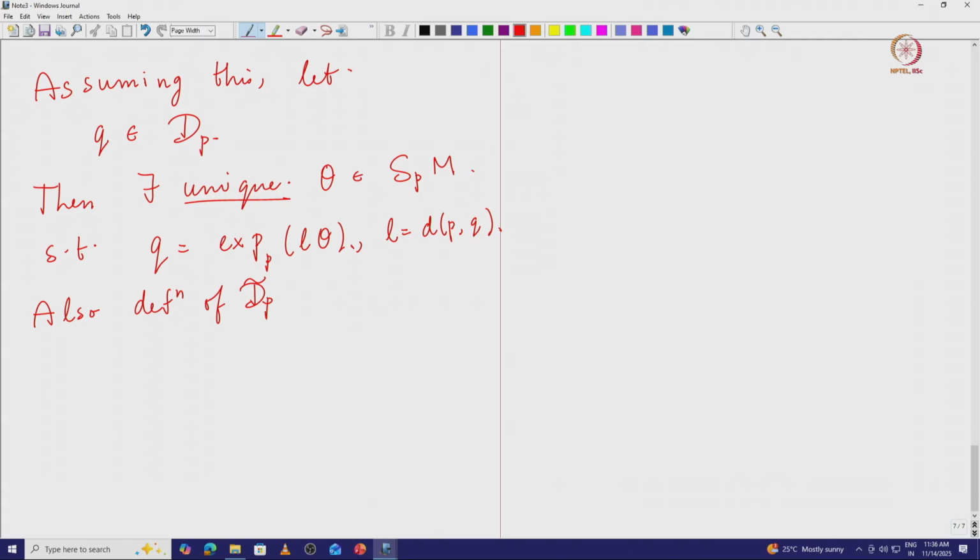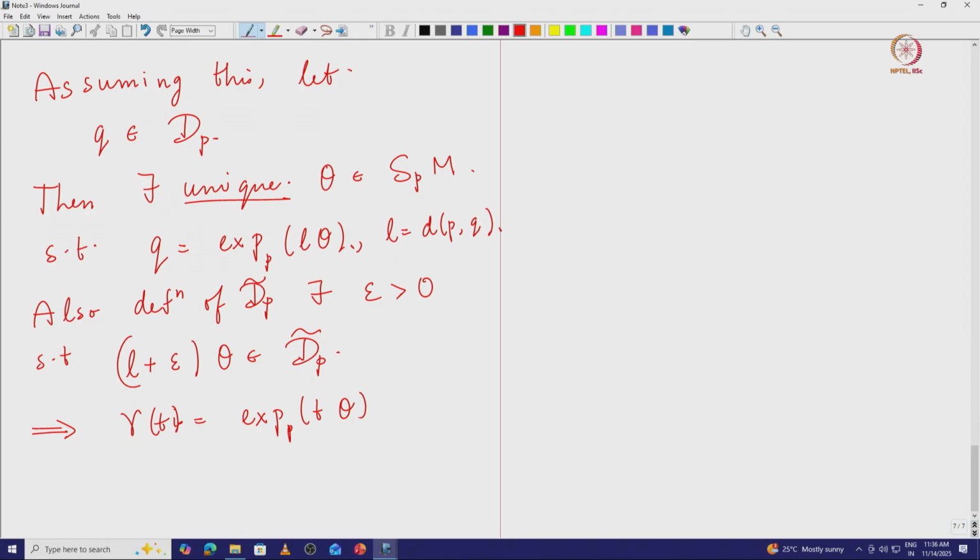So that means you can find a little epsilon, so that t plus epsilon is also less than the cut time. So there exists an epsilon such that (L plus epsilon) times theta is also here. Okay. So this implies that gamma given by the exponential of t theta is actually minimizing on the interval 0 to L plus epsilon, which means that q cannot be a conjugate point.